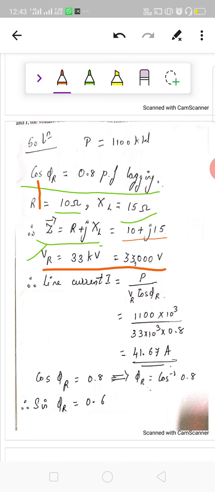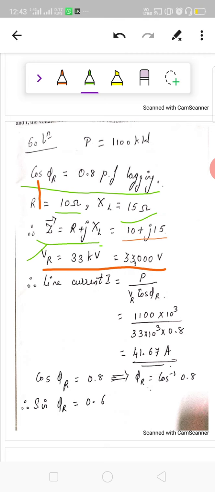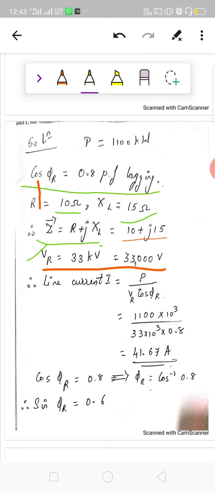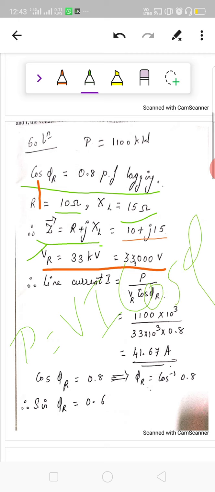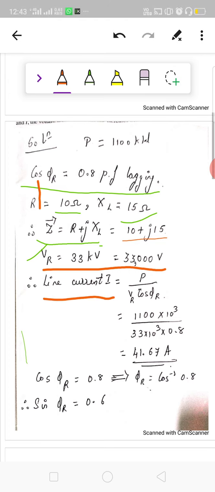Now we know the formula for single phase power, which is P equal to V I cos phi. Using this, I am going to find the line current I. It is P divided by VR cos phi r.